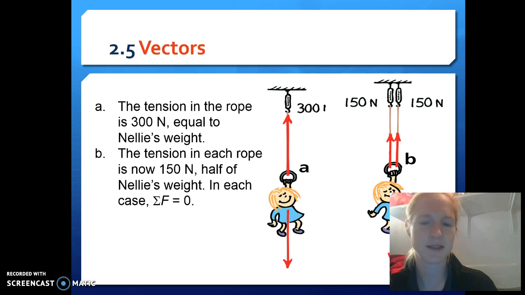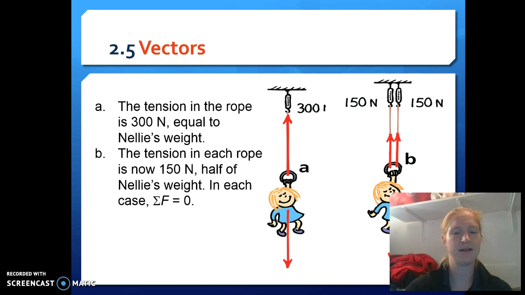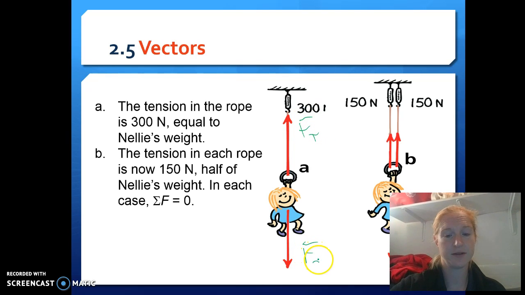Okay, so this is an easy one. We have this Nellie Newton lady hanging from a string. Since she's not moving, her force of tension is equal and opposite to her force of gravity. Now if you have two ropes, her force of tension is split between the two ropes, but it's still equal and opposite her force of gravity.